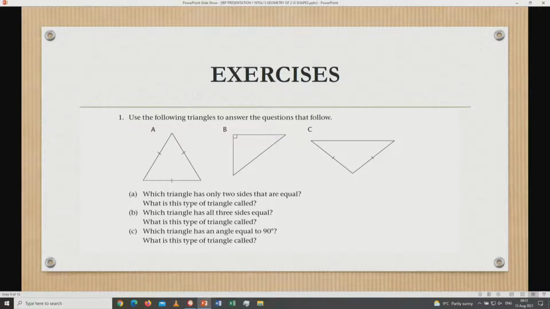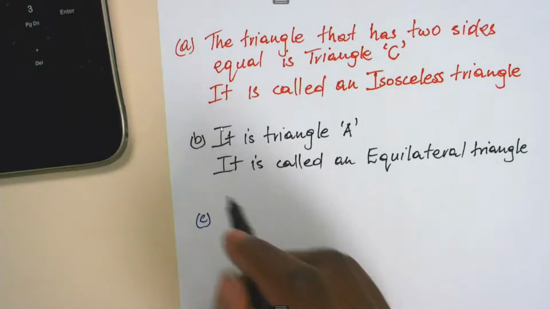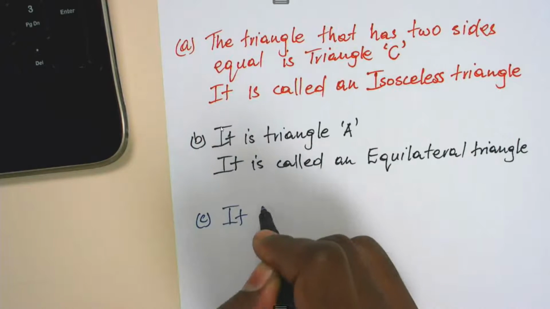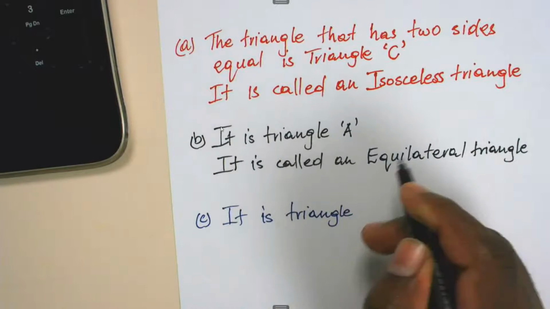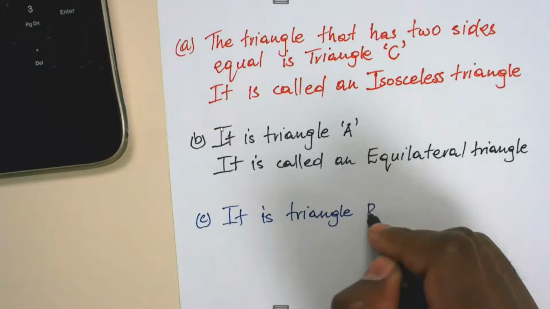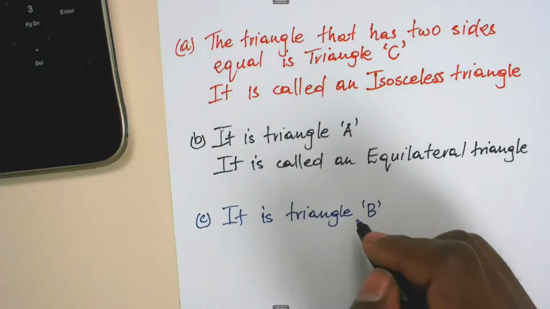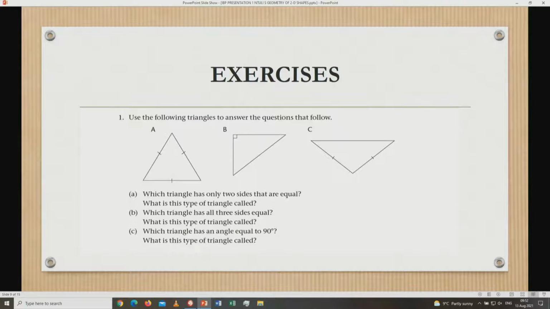Now, number C. Number C is asking us which triangle has an angle equal to 90 degrees. There we have our 90 degrees. Therefore, it is triangle B. And then the question they ask us, what is this type of a triangle called?